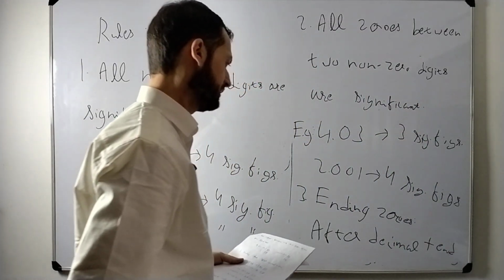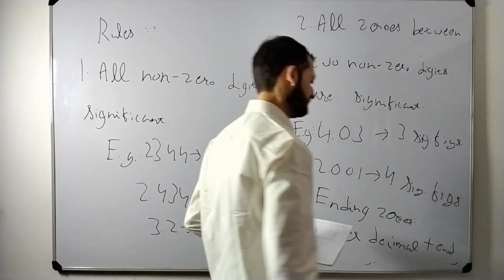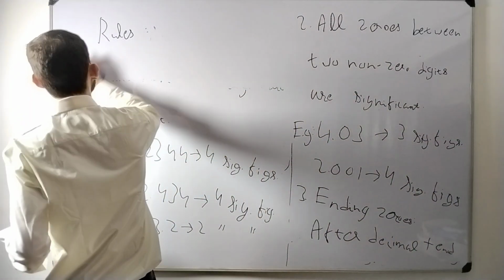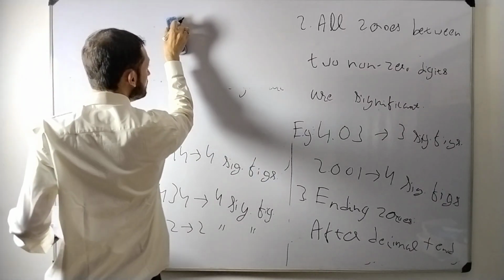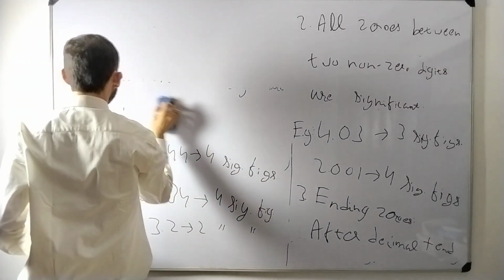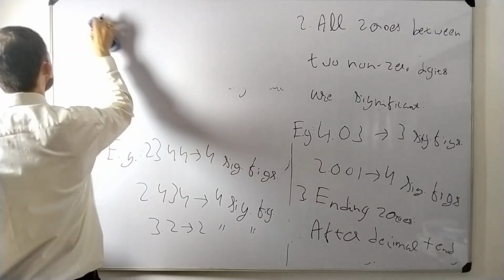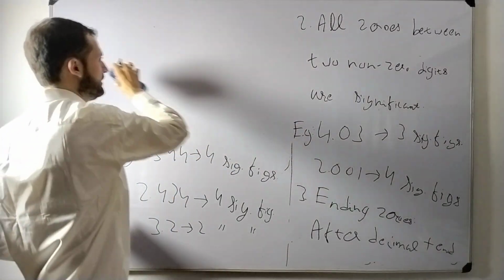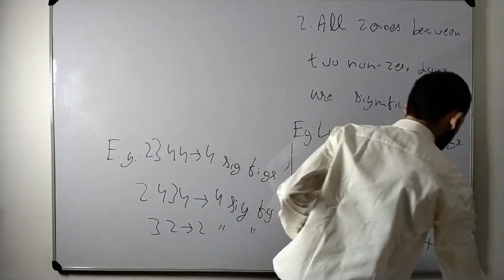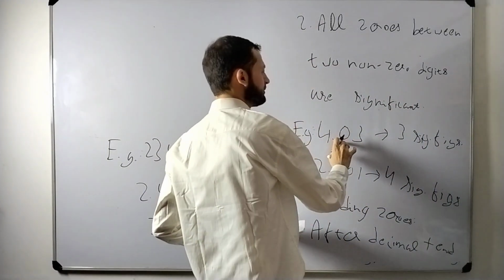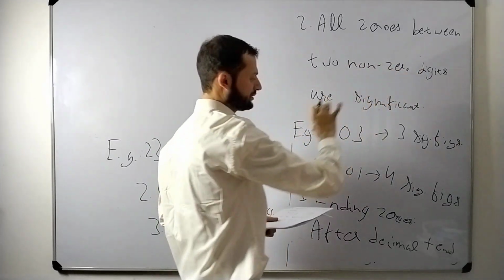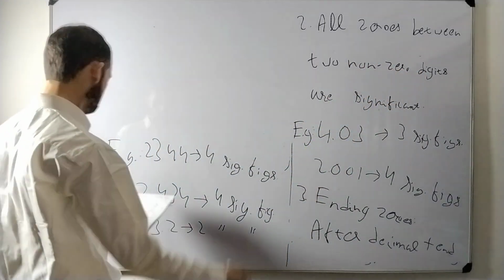So let me give examples of it. Those who might not have understood the second rule, it simply says you count the number of zeros between the 2 non-zero digits. That's the thing.